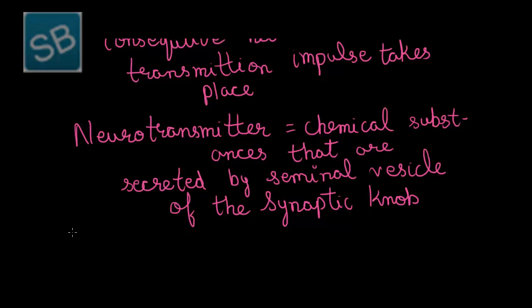One such example of a neurotransmitter is acetylcholine. This is a neurotransmitter that is present in the human nervous system.